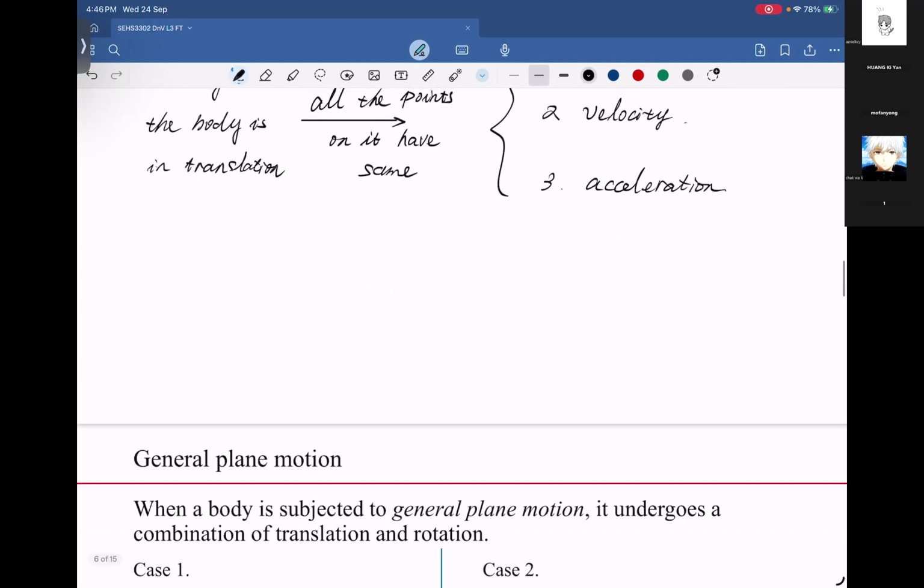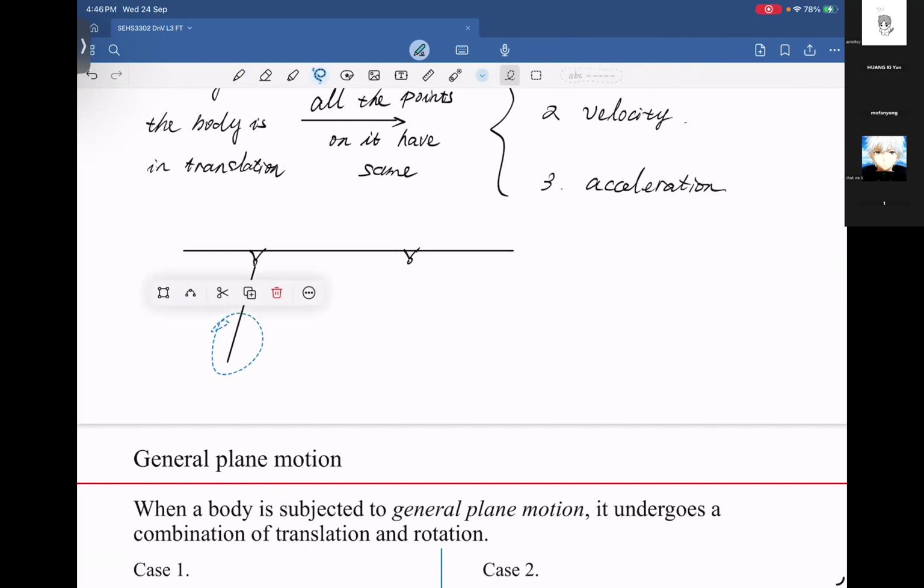For example, we have a mechanism like this. Here is a parallelogram, and we have a rod here, another rod here. We link these two rods together with a plate.